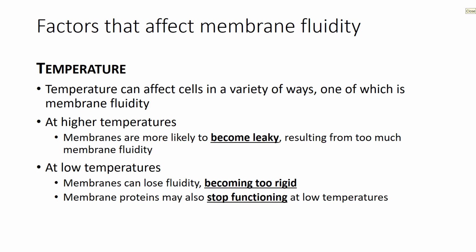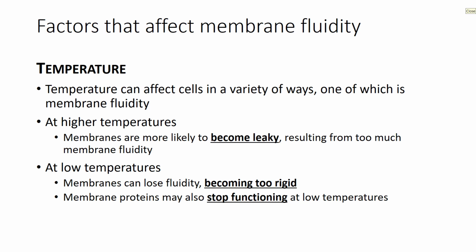Membranes are in constant motion, and one of the things that affects the level of motion is temperature. What temperature ultimately does is speed up molecules at the molecular level. So a higher temperature is going to cause those phospholipid molecules to move around at a higher speed, which is true for all molecules.